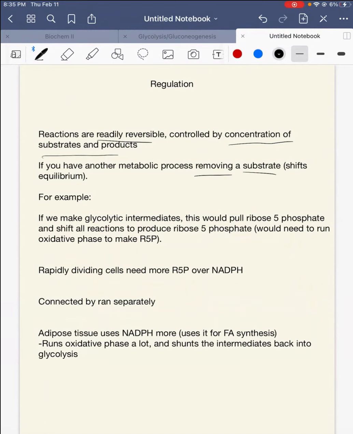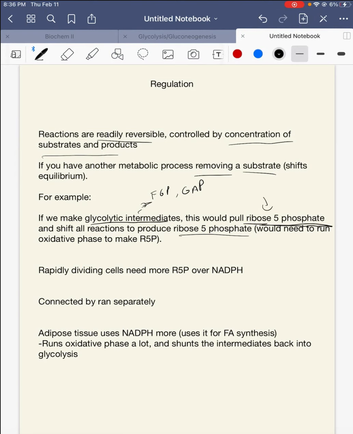For example, for making glycolytic intermediates like fructose 6-phosphate and GAP, the two that we made in the non-oxidative phase, this would pull the non-oxidative phase to produce more ribose phosphate, and then the ribose phosphate can be used in other things in the cell, like nucleoside production. So the cell shunted this fructose 6-phosphate and GAP into glycolysis, just so we pull the equilibrium more toward ribose 5-phosphate.